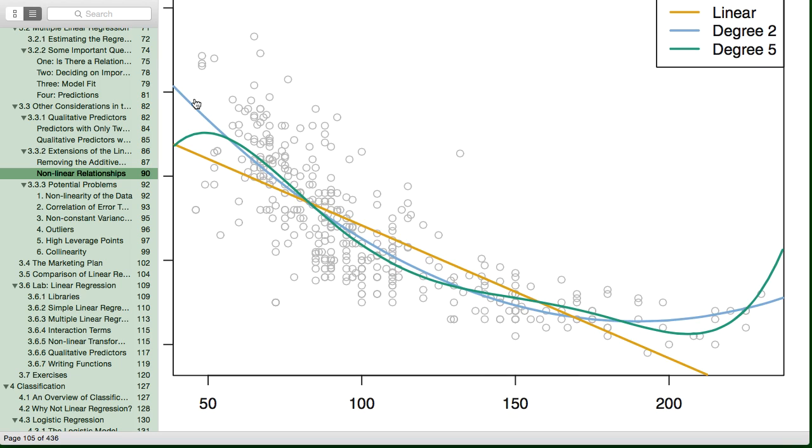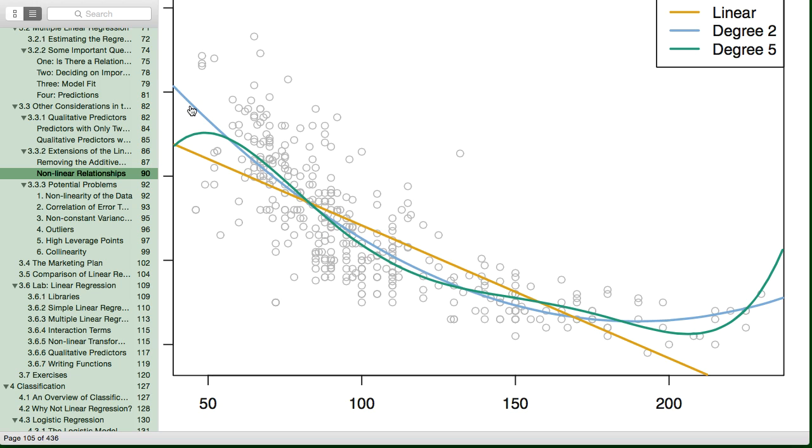And this blue curve here is using horsepower plus horsepower squared to predict miles per gallon. Now that's clearly a better model. Just glancing at it, you can tell it's going to be better. We'll look at the statistics in a second, but at first glance it looks like a better prediction.